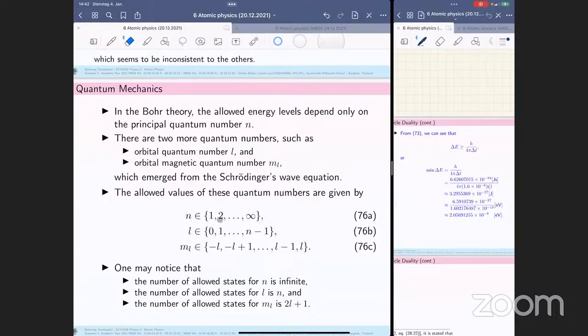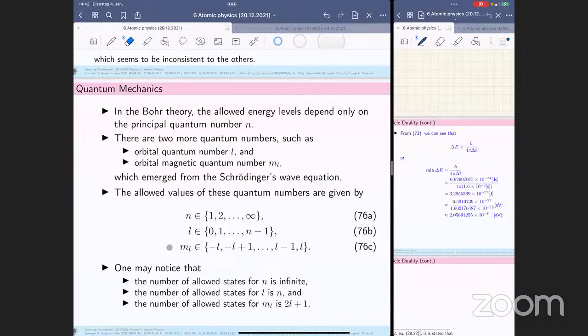When your n is 2, L could be 0 and 1, so the number of possible elements for L is 2. It's valid also for number 3: L could be 0, 1, 2, so the possible 3 values for L are 0, 1, 2.